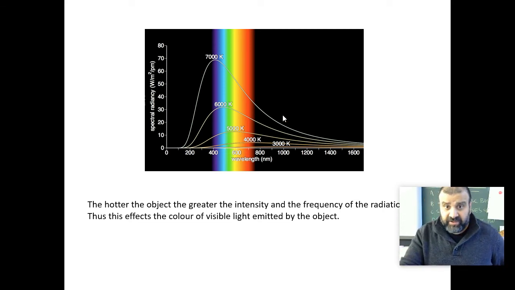So temperature affects the way radiation is given off. The hotter the object is, the more it pushes towards blue, and the cooler the object is, the more it pushes towards being red. When we look up at the night sky and we see red stars and blue stars, particularly if we look at Orion, you can see different colored stars.